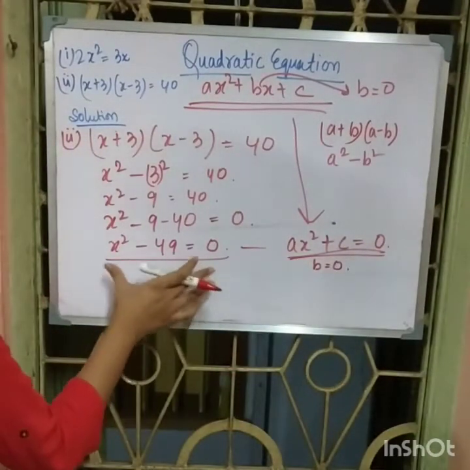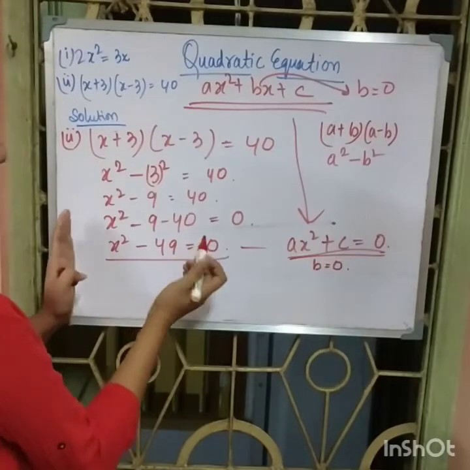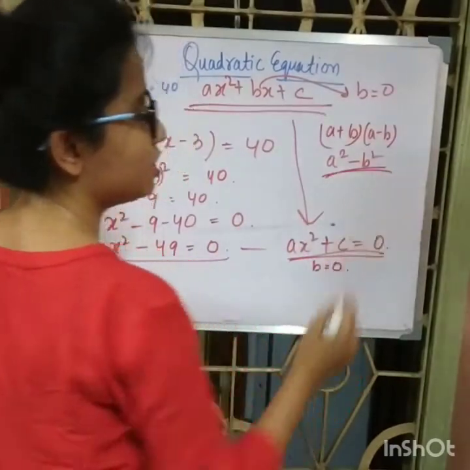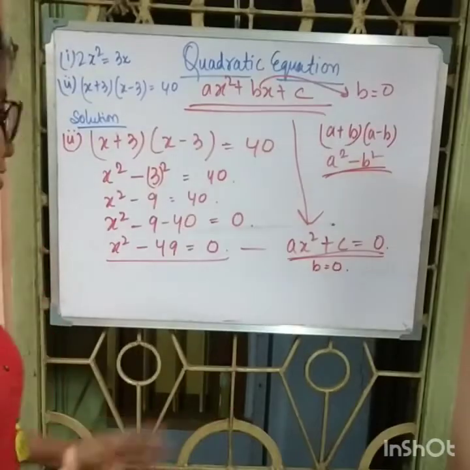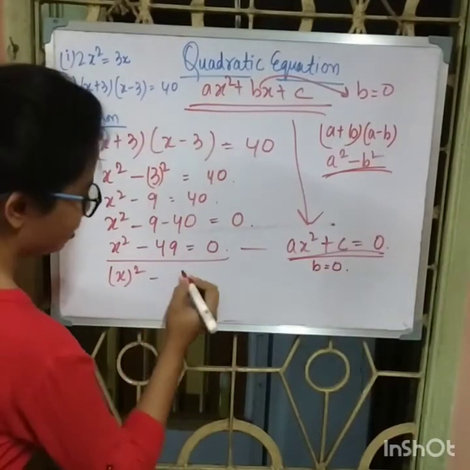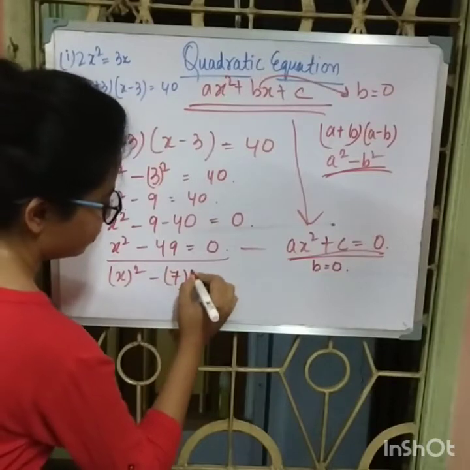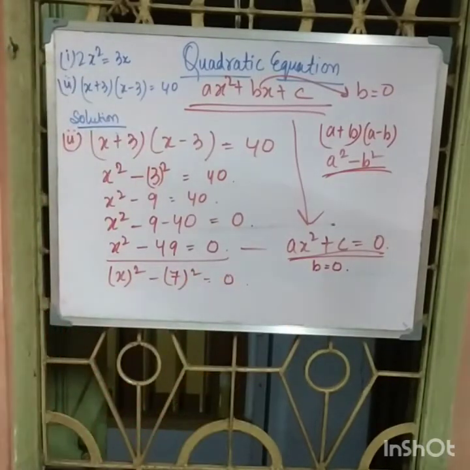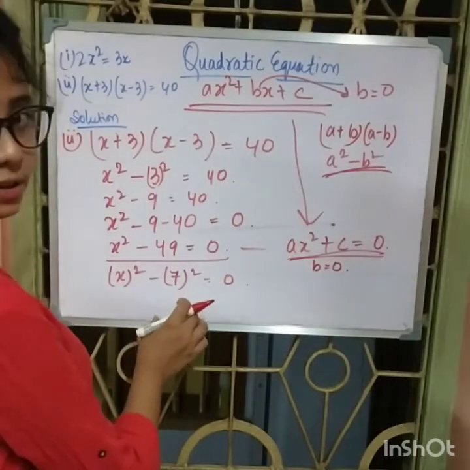Here. Okay? See here, we are again getting a square minus b square form of an equation, right? I can write this in this way, and 49 is 7 square, so I can write it this way, right? A square minus b square.